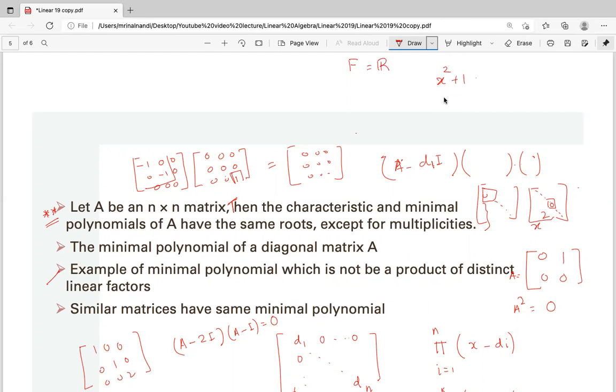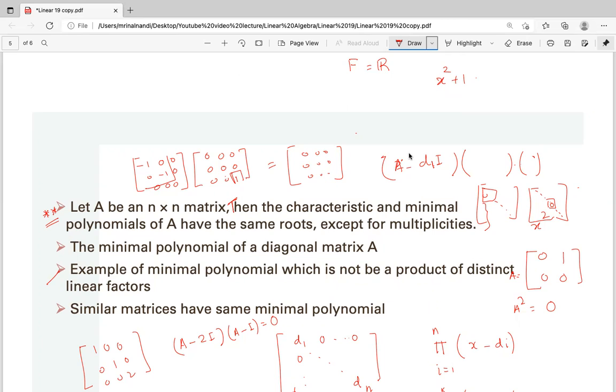Now, if there is any general field, the solution of the polynomial may not be in the field. There is a concept called algebraic closure; that every field has an algebraic closure is a theorem in abstract algebra.